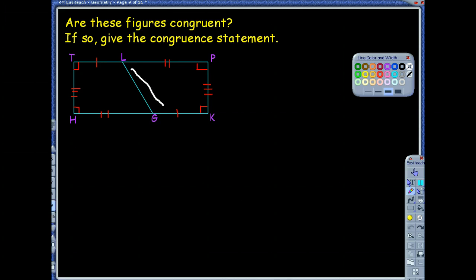Same thing over here. What do we call those? Quadrilaterals. I would need to have 4 sides that are congruent and 4 angles that are congruent to be able to talk about these figures being congruent. If I don't, then I can't say they're congruent.